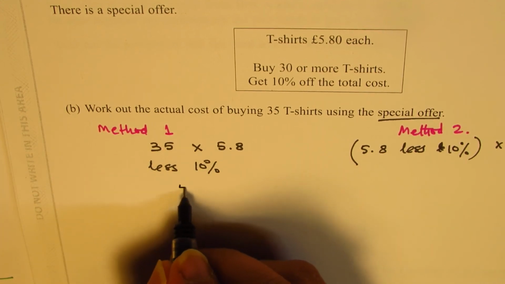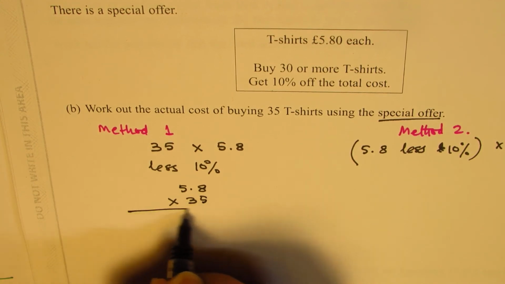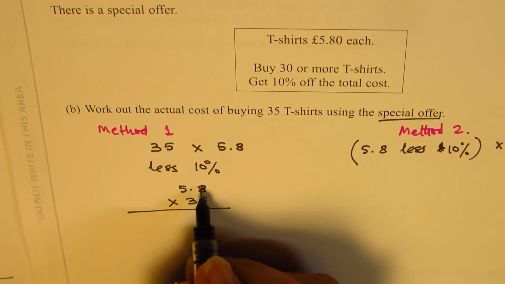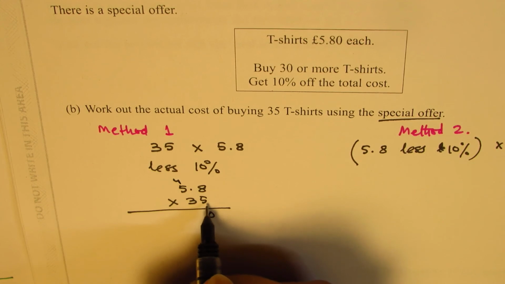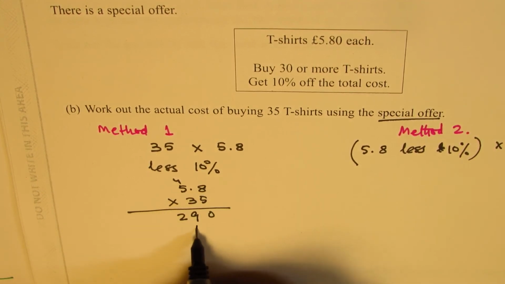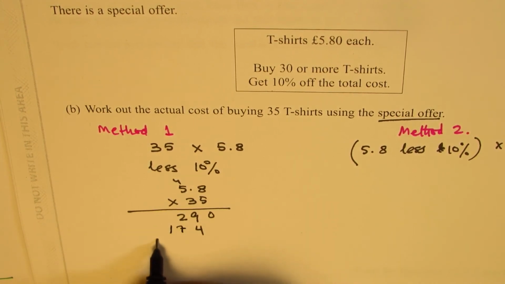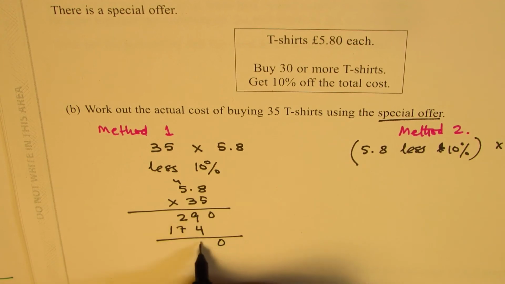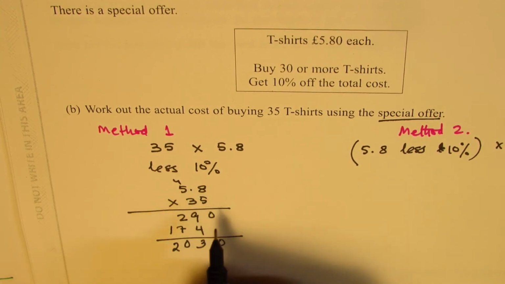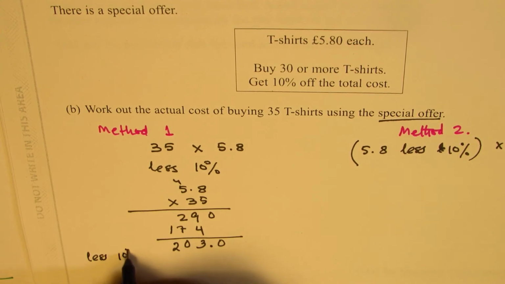Method 1, we have 5.8. Let's multiply this by 35. Multiplying by 5, 5 times 8 is 40, write 0 and carry 4. 5 times 5 is 25, and 4 is 29. 3 times 8 is 24, carry 2. 3 times 5 is 15, and 2 is 17. So what we get here is 0, 3, 1, 0, 2. 1 decimal place, so we get 203.0. Now, we'll say less 10%.